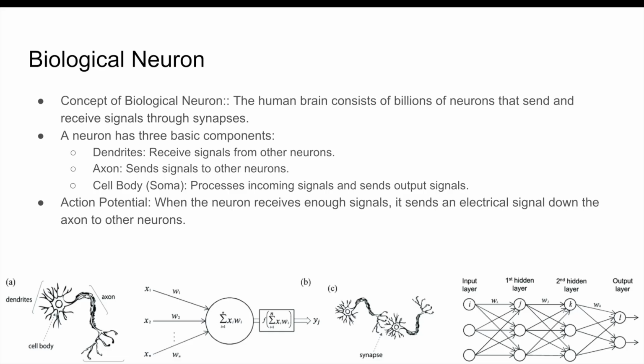Now what happens if the child sees somewhere the Apple logo, the company Apple logo? Then again the child is confused, right? So somebody has to tell that child that this is the Apple company's logo. And this is how the learning happens.